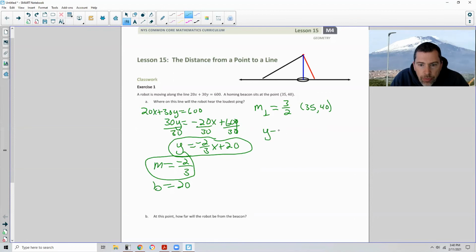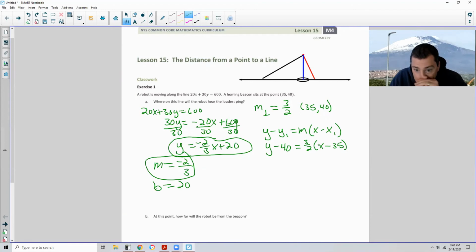We use the point-slope formula: y minus y1 equals m times x minus x1. Substituting in our givens, y1 is 40, so it's y minus 40 equals my slope of 3/2 times x minus my x1, which is 35. And there is the equation of the blue line, if you will, in my diagram up here.